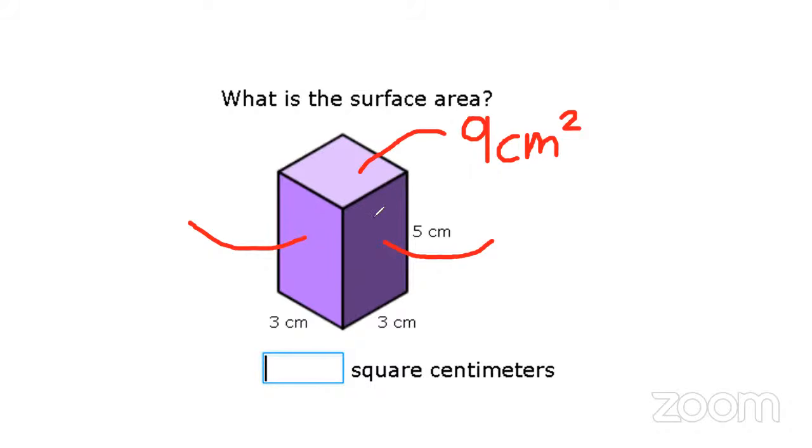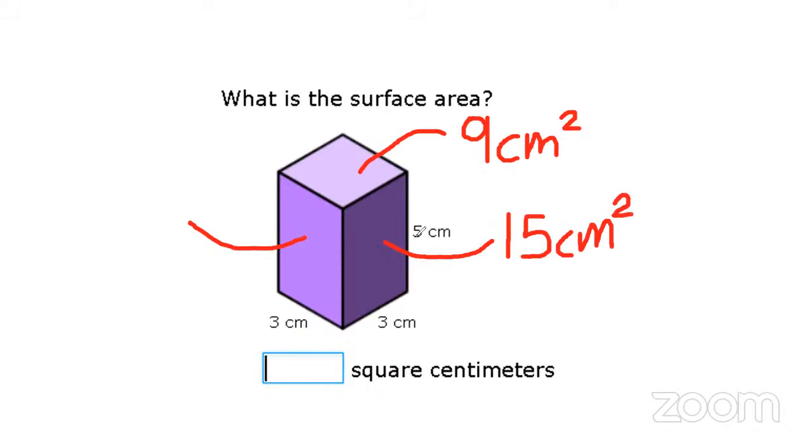Now let's look at this front face, because Michaela says 3 times 5, because we have 3 here, and that means this is also 3, and we have 5 here, that means it's also 5. To find the area of this, it will be 3 times 5 centimeters, which is 15 square centimeters. So I'm going by what Michaela Hamilton is explaining here in the chat. 15 square centimeters.